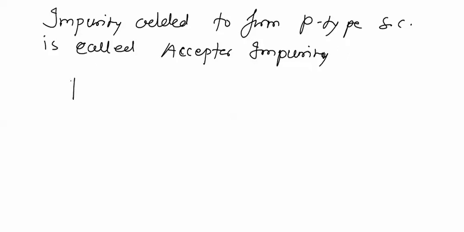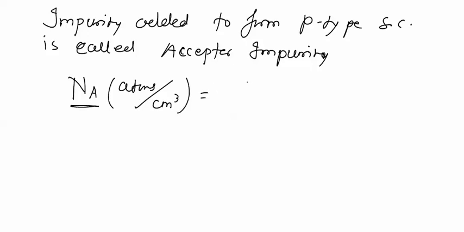And the concentration of this acceptor type impurity is written as Na atoms per centimeter cube, equal to, again, the atomic density of silicon or germanium, whichever is used, into the impurity ratio.